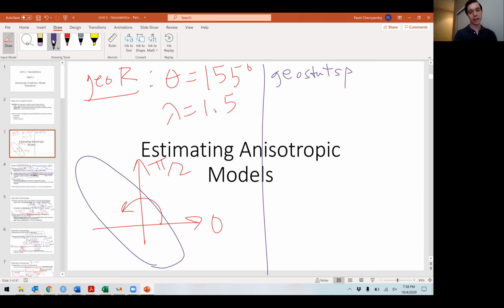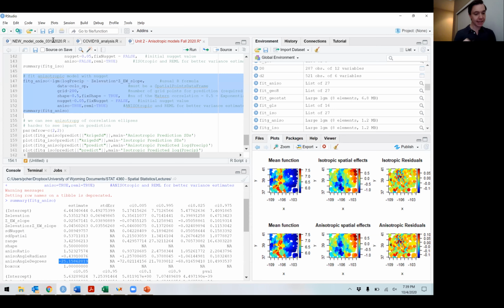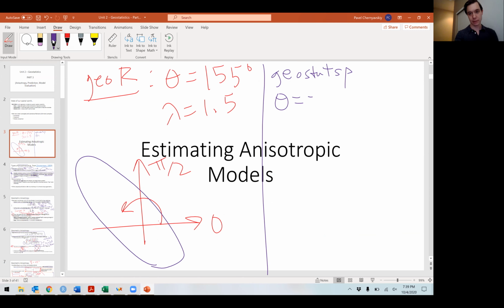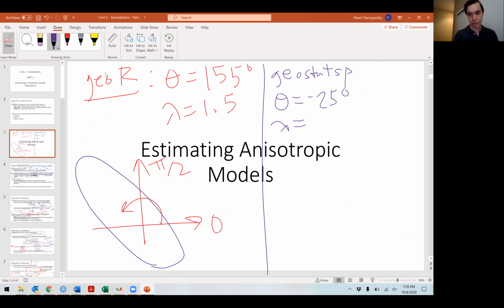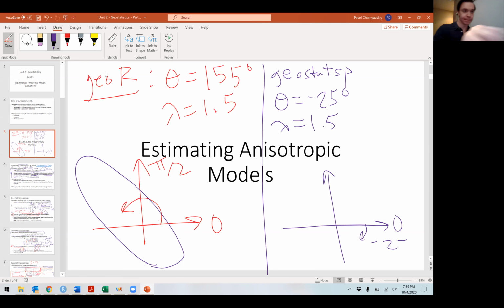Both great packages, by the way. geostatsp says theta is minus 25, right? Minus 25 degrees. Lambda, ratio 1.52. Also 1.5. So geostatsp says we start at 0, and then we rotate counterclockwise by minus 25 degrees. And you know what?